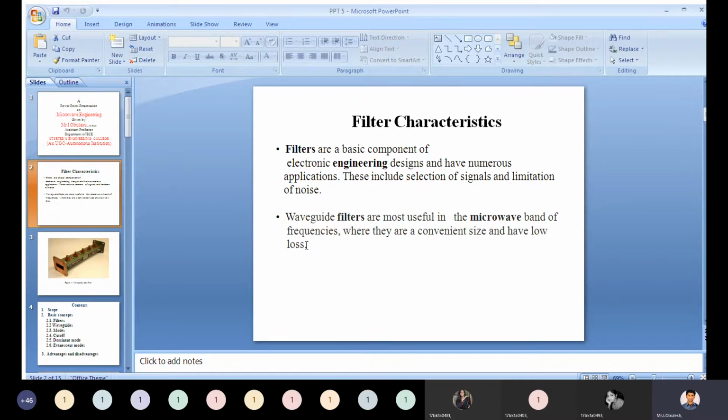Okay, so waveguide filters were developed during World War II. You need to remember World War II, to meet the needs of radar and electronic countermeasures. But afterwards, there were some applications such as use in microwave links.